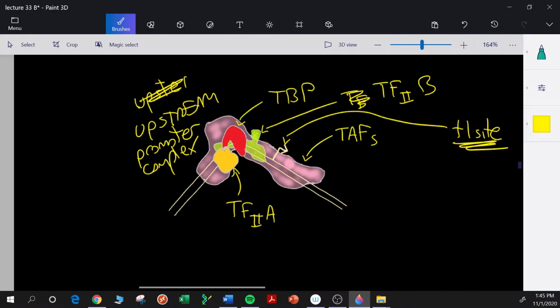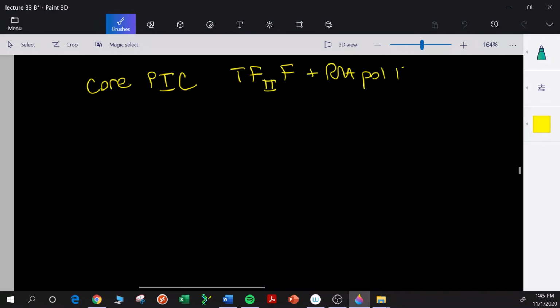So the next complex to form is going to be called the core PIC, the core pre-initiation complex. That will involve TF2F and RNA pol 2.